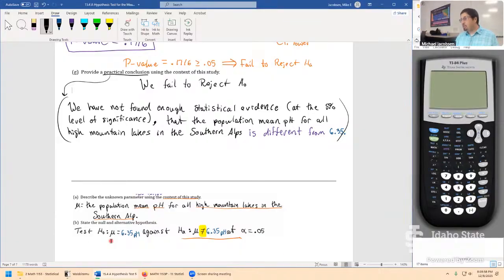Oh, I see what you're saying. You could write out a conclusion that goes, we failed to reject that mu equals 6.35 and then just say the rest of it, but say what mu is.